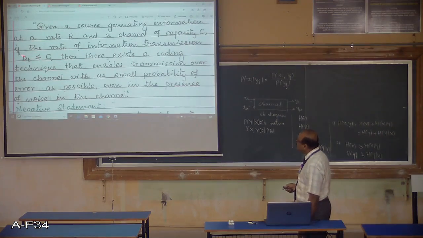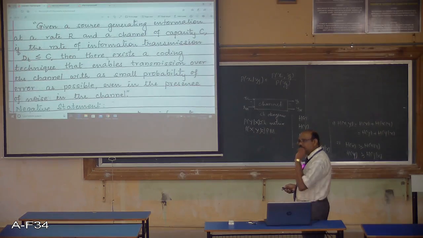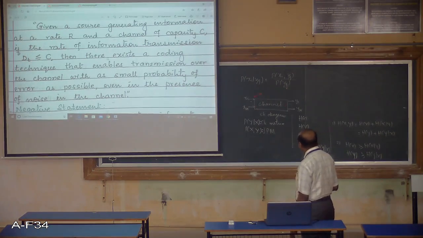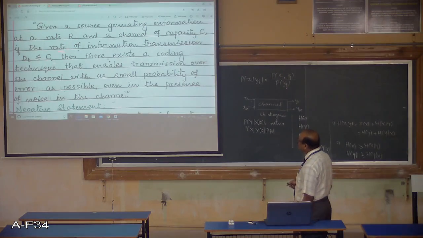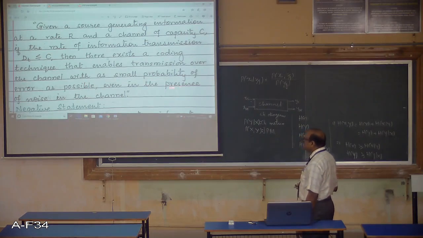So if the rate of information transmission is less than or equal to the maximum capacity, then the probability of error is small, even if there is noise.